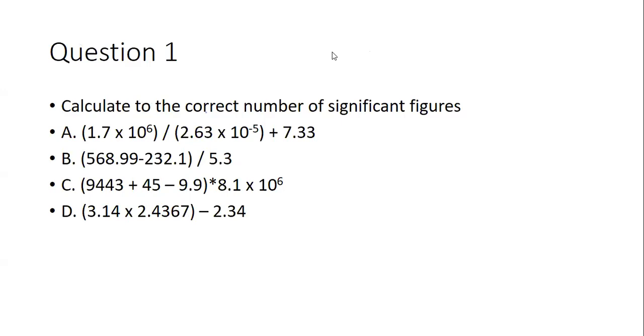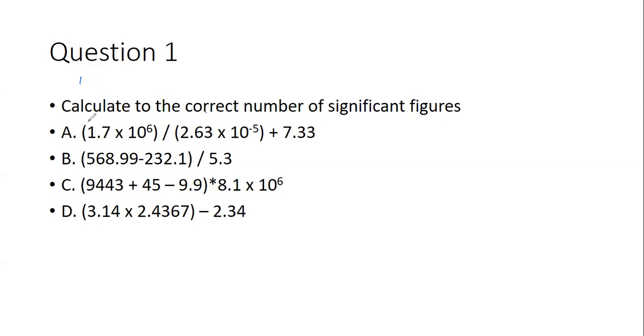All right, so A, we have 1.7 times 10 to the 6 divided by 2.63 times 10 to the 5. If you remember your order of operations, I forget the acronym, but it's parentheses, multiplication, division, addition, subtraction.